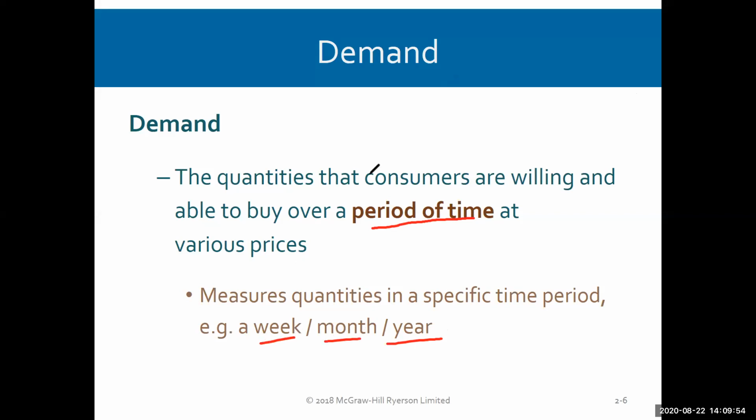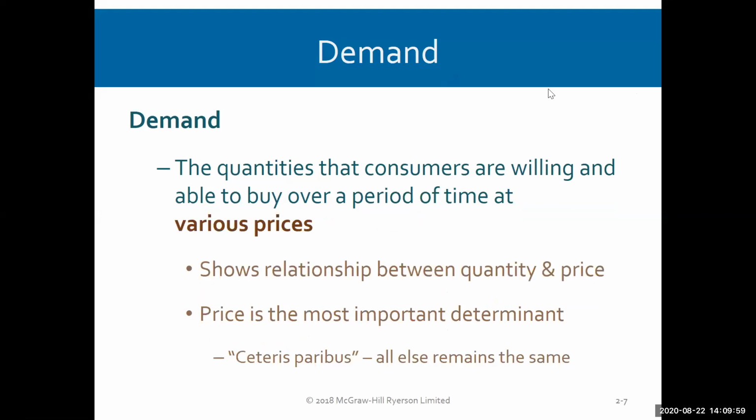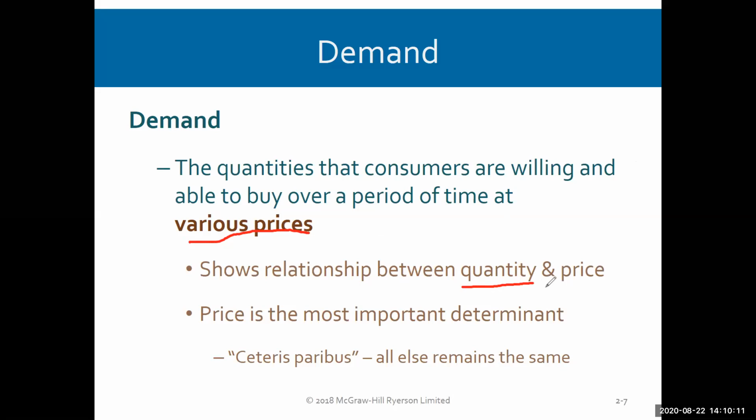So the period of time component is very important in understanding the demand relationship. And the last one is various prices. So we're looking at demand over a period of time, consumers willing and able to buy, but over a range of prices. It's showing the relationship between the quantities demanded and the price, and it's this whole relationship we look at.